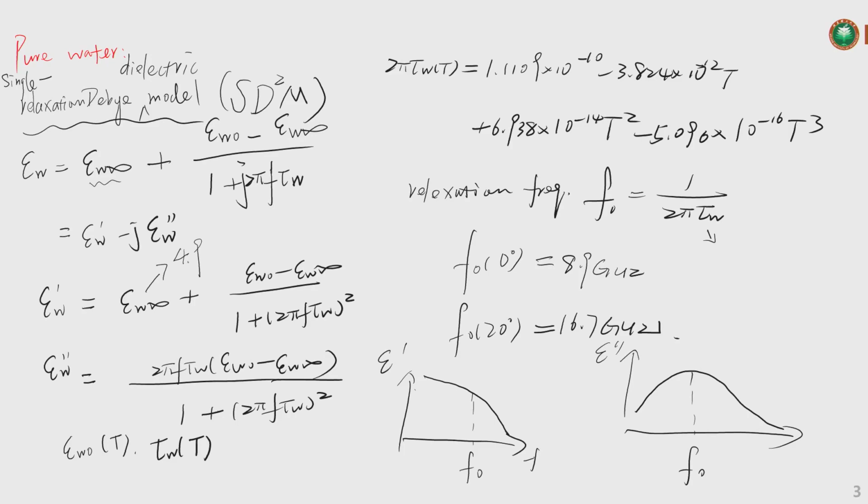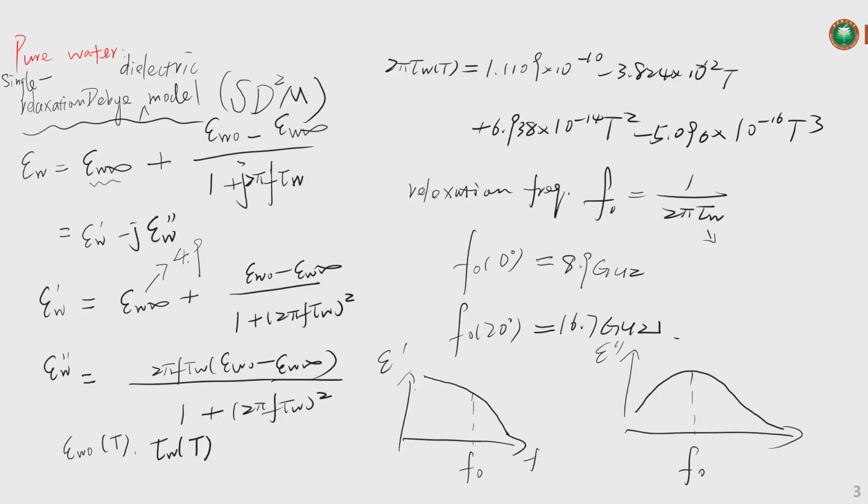So D2M represents the abbreviation for this model, the name of it. So that means we just put our focus on the single relaxation term. If there is a single relaxation, there should also be double relaxation. All right.